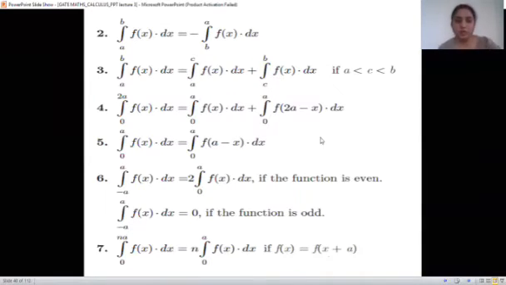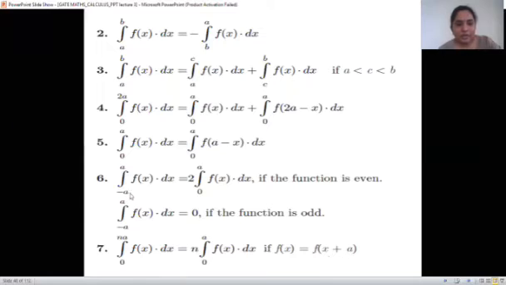Please remember this formula, we have to use it in solving examples. Integration 0 to 2a is 0 to a plus 0 to a itself, but the function is f of 2a minus x instead of f of x. Next is integration 0 to a f of x dx, which is the same as integration 0 to a f of a minus x dx.